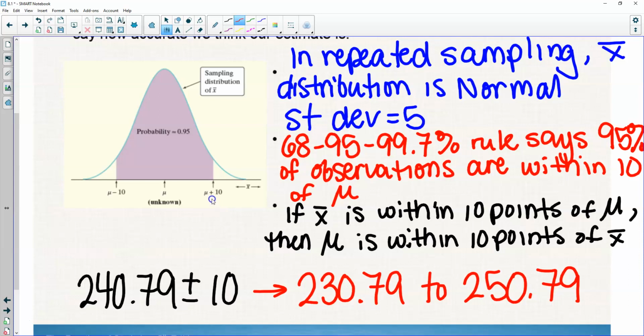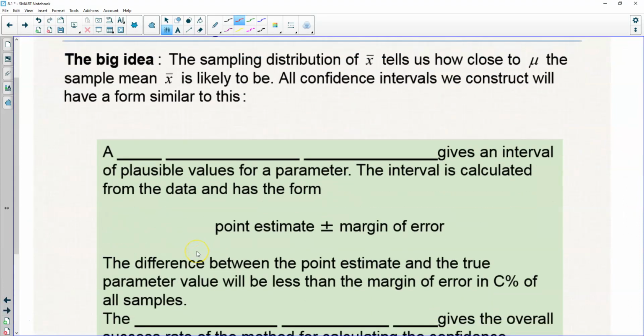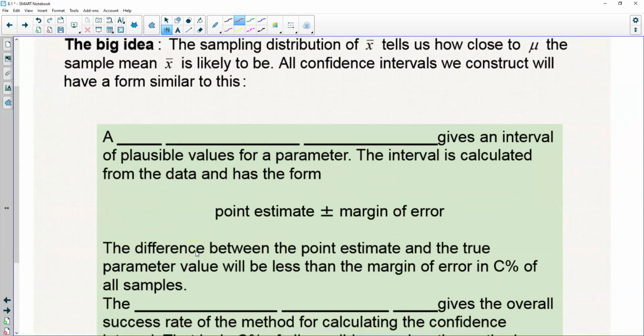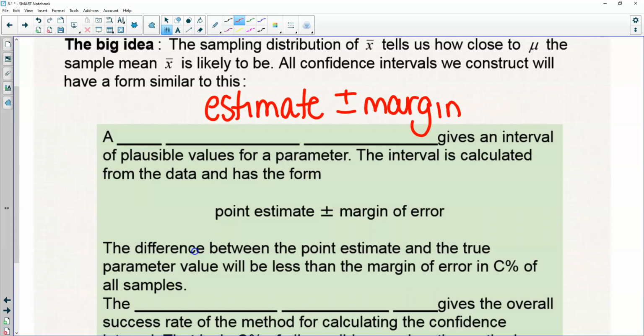We know it's 95% because that was 2 standard deviations away. So what we're going to be doing is taking whatever the point estimate is and adding and subtracting some margin of error. That margin of error is going to depend on a lot of things.